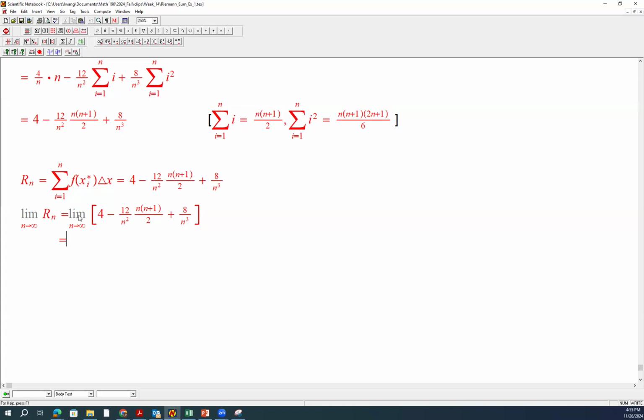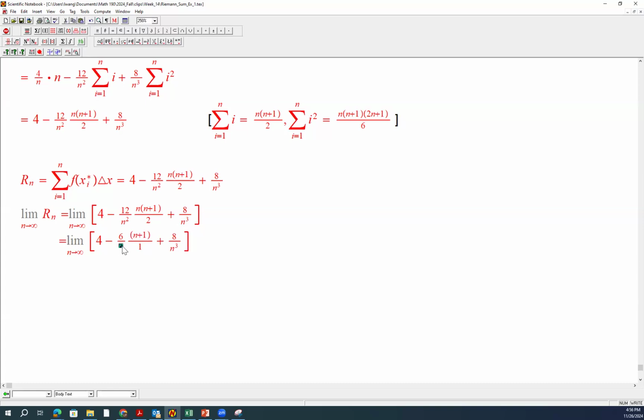Therefore, we need to do some algebraic manipulation, okay? Manipulating algebraically correctly. So I'm going to show you how we do that. 12 over 2, that's going to be left with 6. So this is 2, it's just 1. n squared over n, so one of the n can be taken away. So we just have n.